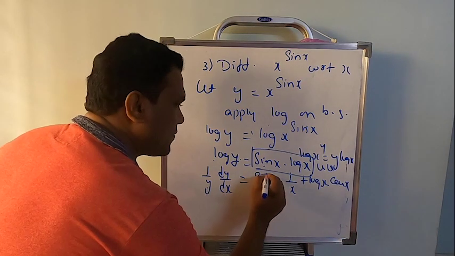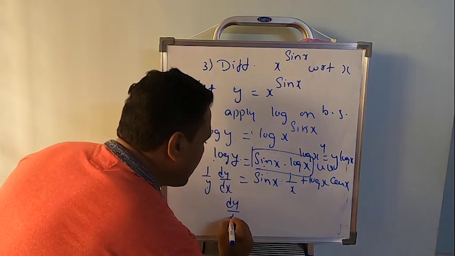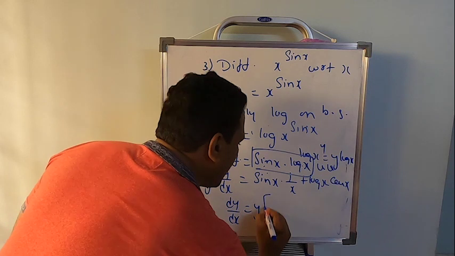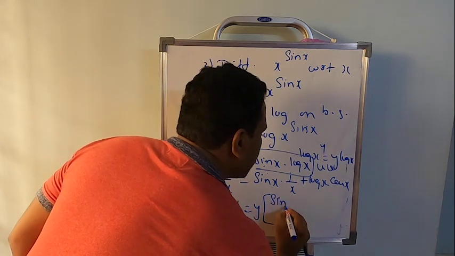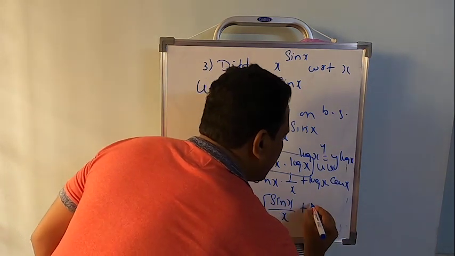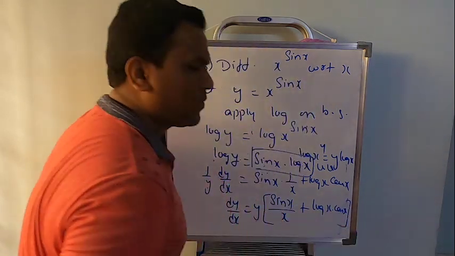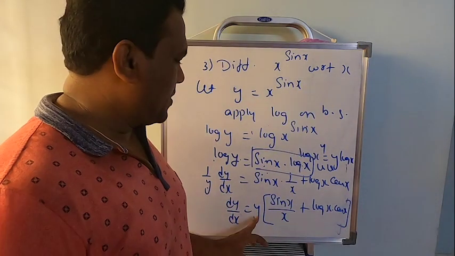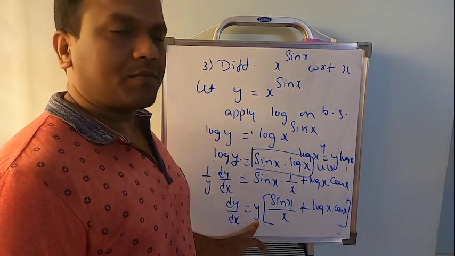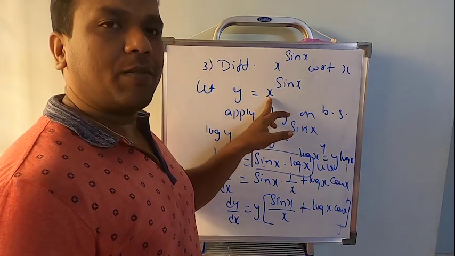So this y will always be shifted to the right side. So dy by dx will be equal to y multiplied by sin x by x plus log x multiplied by cos x. You can just do one more step: replace the value of y. What is the value of y? x to the power sin x.